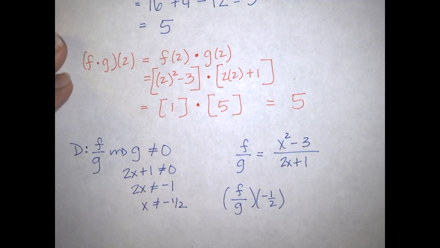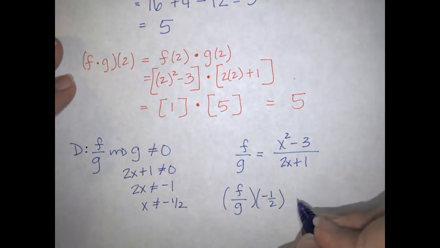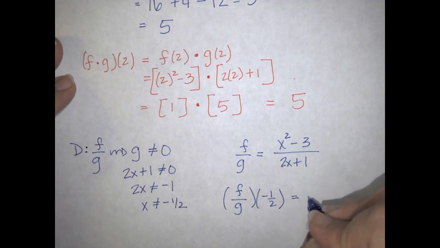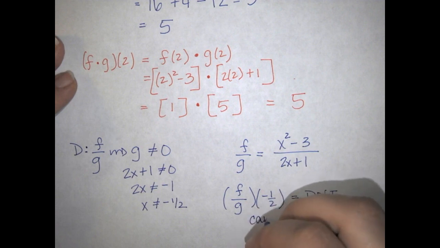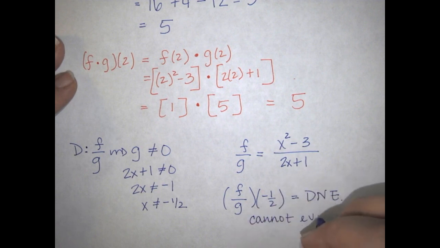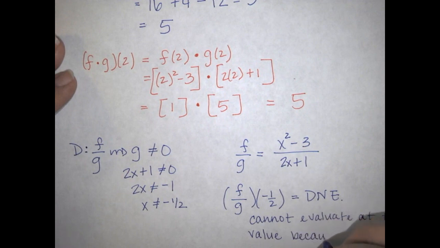However, we got a slight problem. Our domain says we can't use negative 1/2, which means our evaluation here does not exist. Okay, D and E does not exist. The reason for that is you cannot evaluate at this value because it fails your domain.